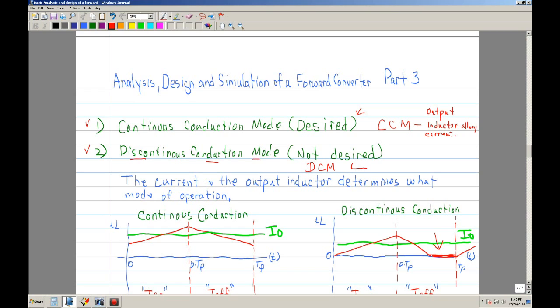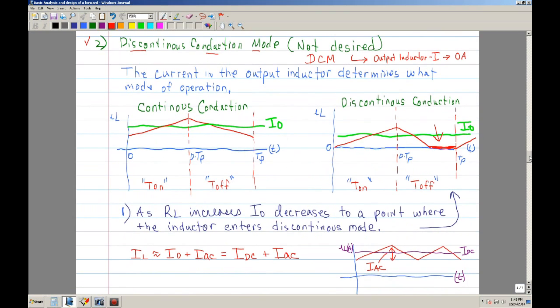And what does this mean? It means that the output inductor current goes to 0. In other words, there's a point where there's no current in the inductor.